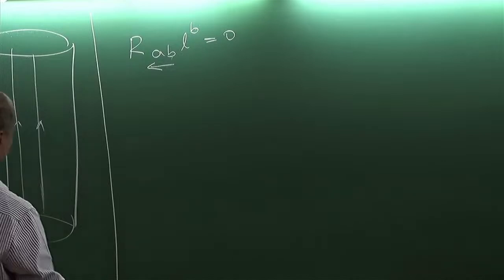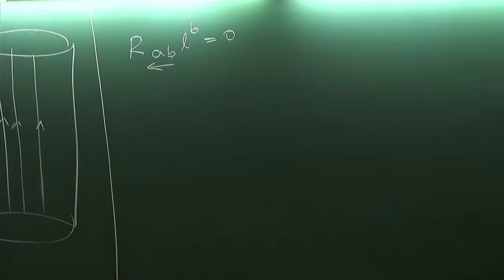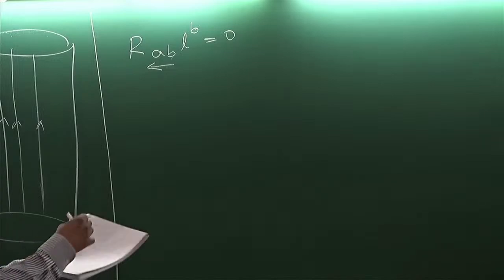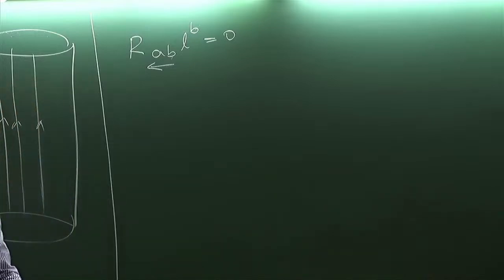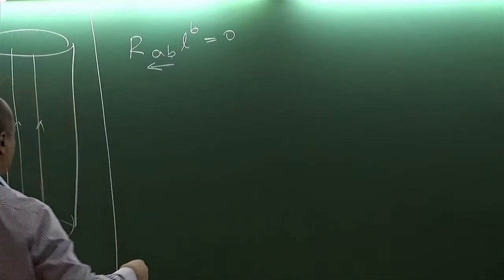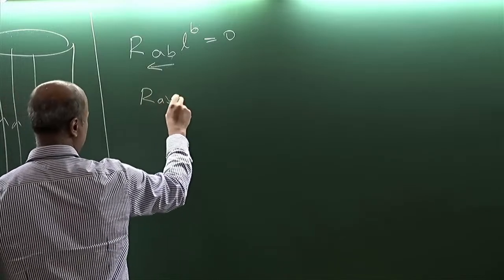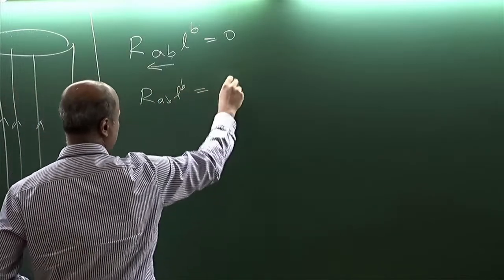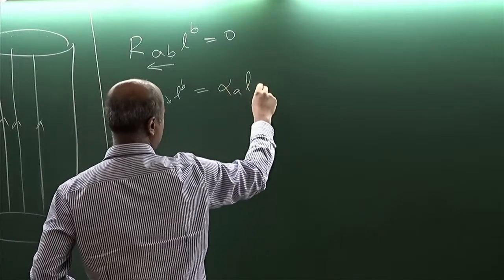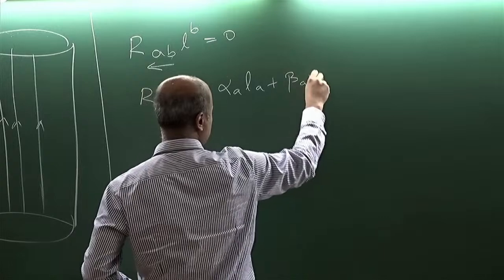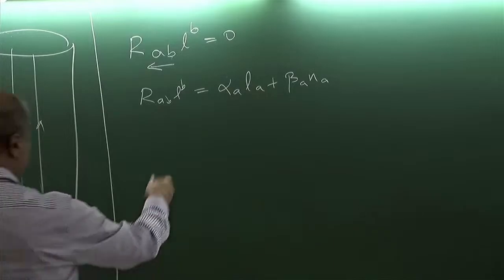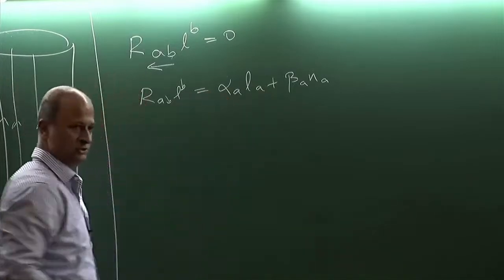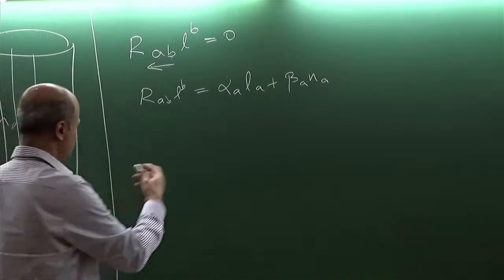Why is this? Well, if you go back to the energy condition, we said that minus R_AB L^B is future causal, so this vector cannot have any component along the angular directions. Therefore, we must have that R_AB L^B will be some alpha_A times L_A plus beta_A times N_A, choosing some null normal N. The L is given to you, so it must be of this form because it cannot be in the spatial direction. Now pull it back.